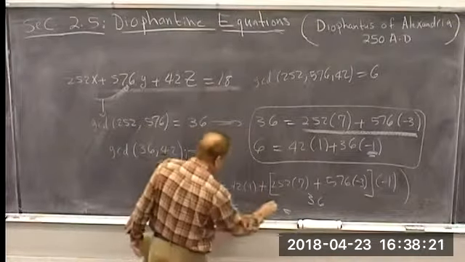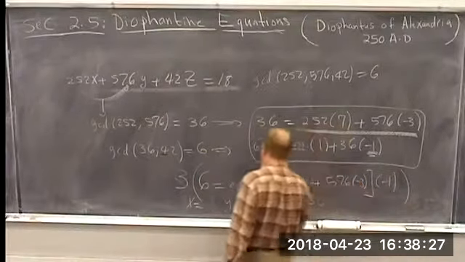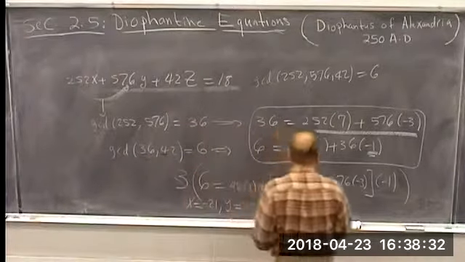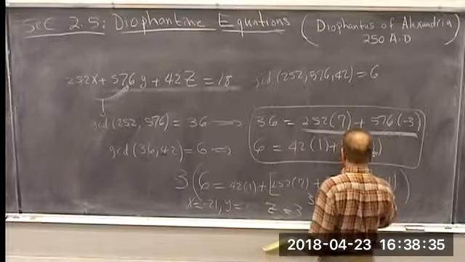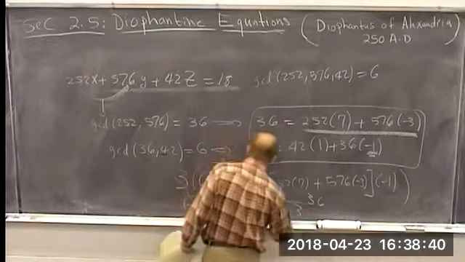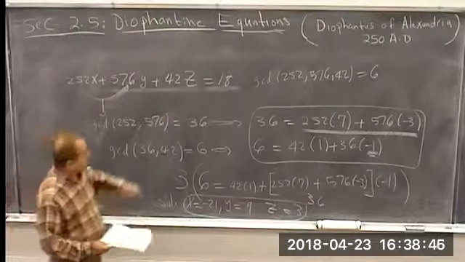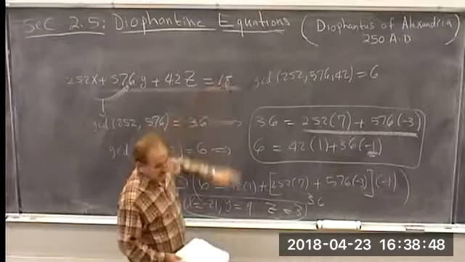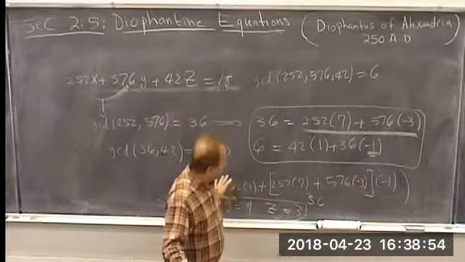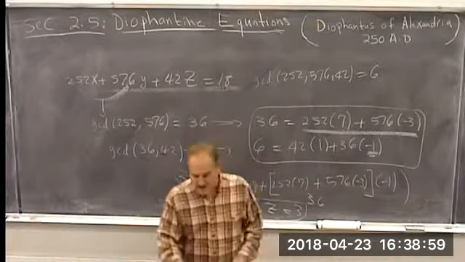For this one is a 3, and for this one 21 minus 21, and for the y, that is going to be minus 9 plus 9. And this becomes a solution to the equation. Okay? The reason we want to multiply by 3 to get this 18 is because these are what give me 6, the greatest common divisor. And now that I want 18, I need to multiply by 3. All right, let's stop right here.